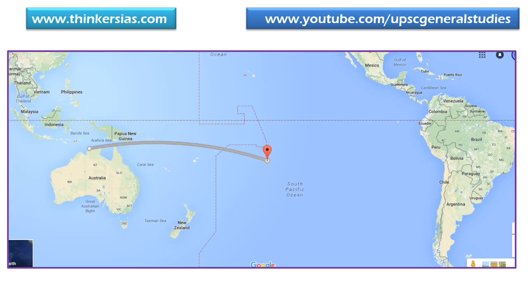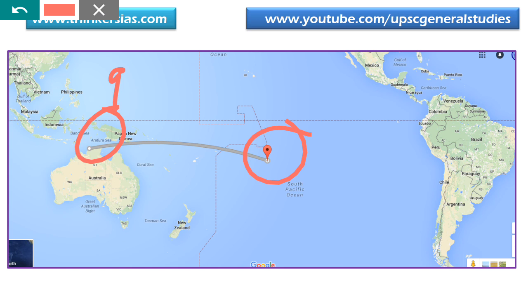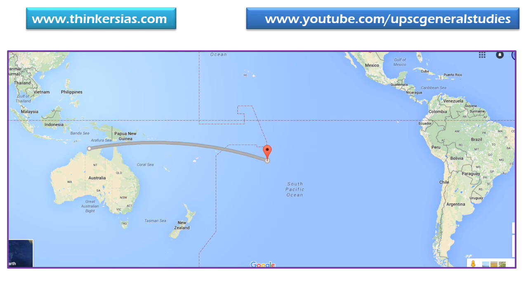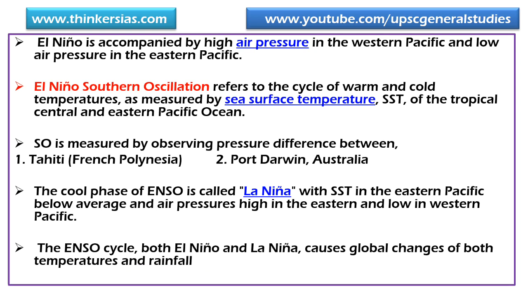Because of the lower pressure and higher temperature in the western Pacific, this results in above normal temperature in Australia and India during La Nina events. That is called the cooler phase of El Nino Southern Oscillation, the reverse of El Nino.